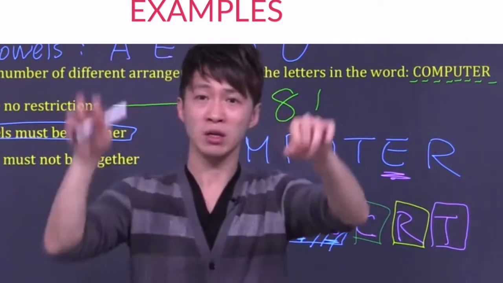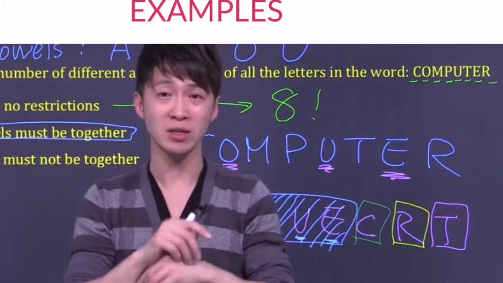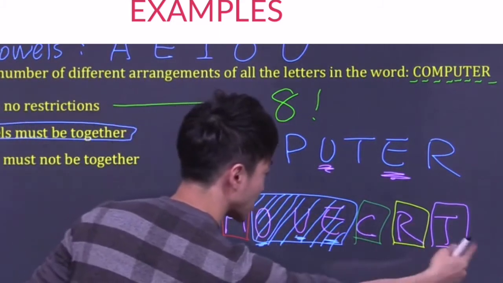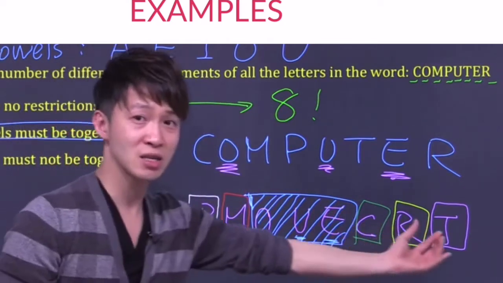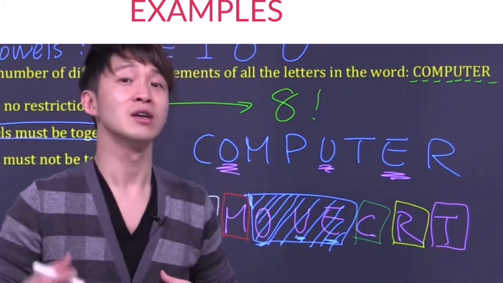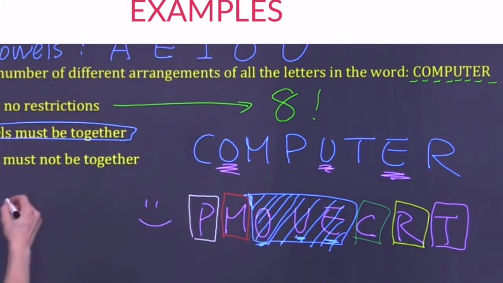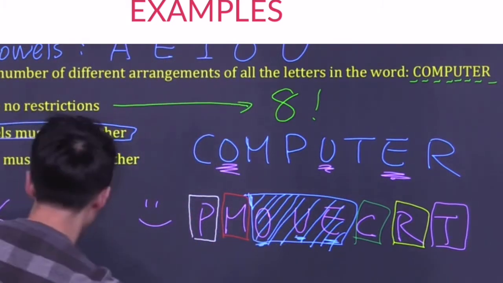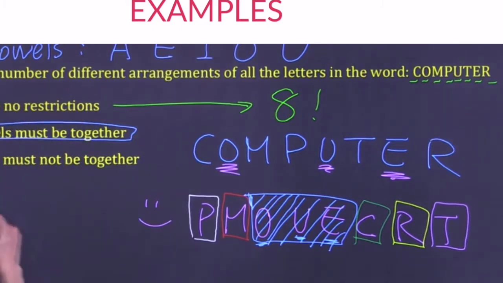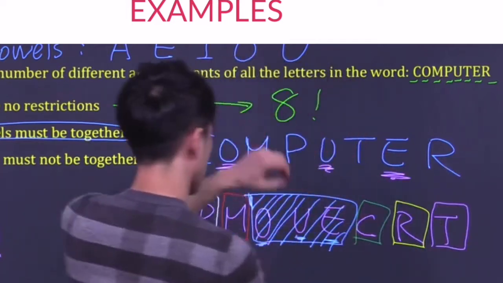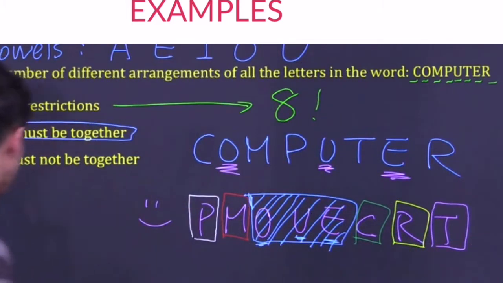So how many ways can you arrange 6 different boxes? There we go. 6 boxes, so we should have 6 factorial arrangements. That's it. Like moving the boxes around. So we should have this many arrangements.